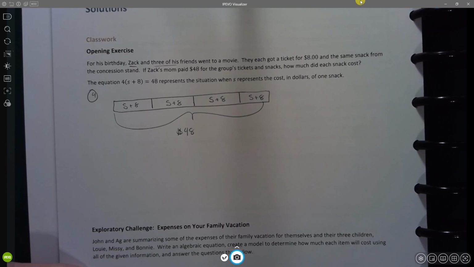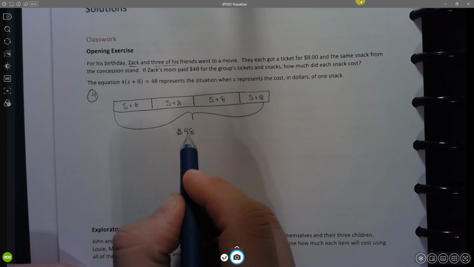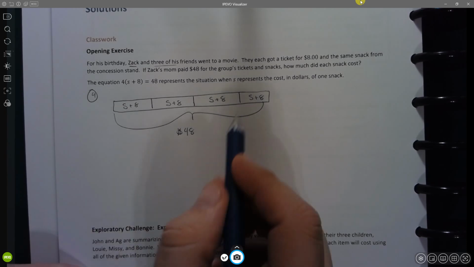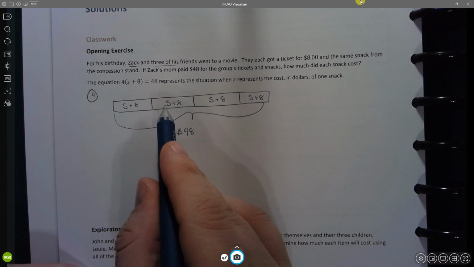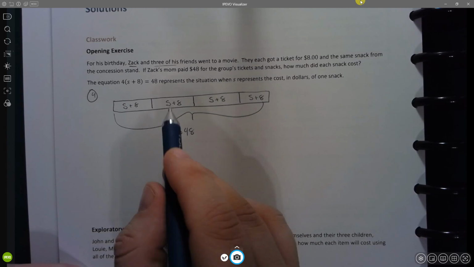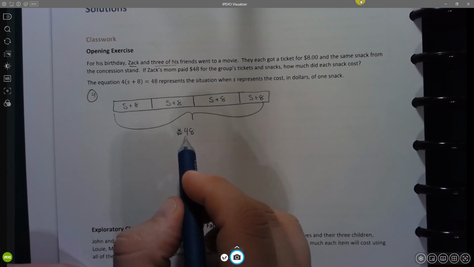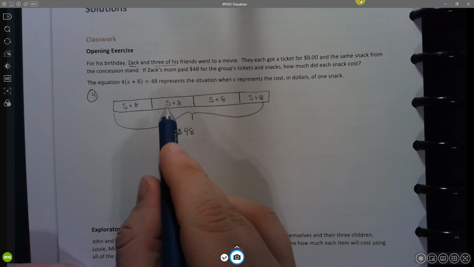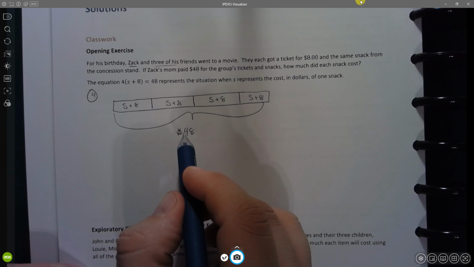Okay? So how much does one block cost? So I got 4 blocks, $48. 4 blocks equals $48.